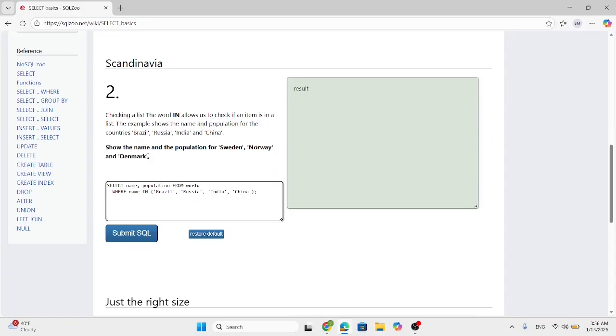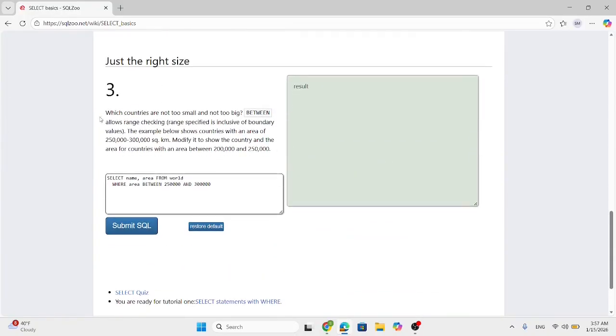It says we need to change it to Sweden, Norway, and Denmark. So we have four countries, but we need to write just three, so we need to delete one of them and replace the others. For example, Sweden with Brazil, Norway with Russia, and Denmark with India. Then we are going to get Sweden, Norway, Denmark in our first column. In the second column, we will get their populations. That's it.